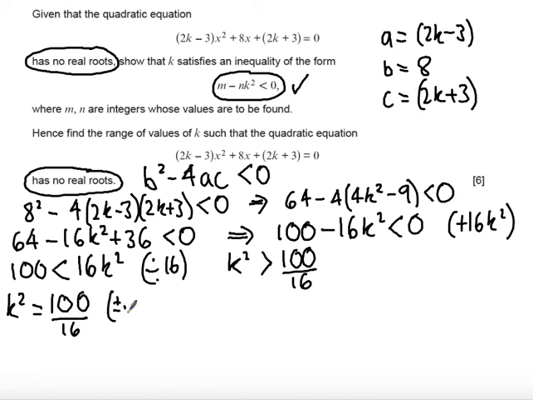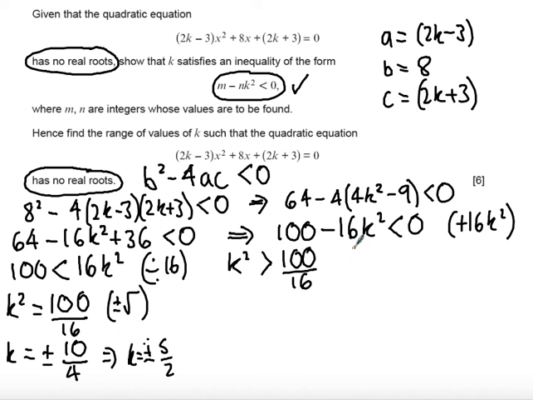So let's take the square root of both sides. I get k equals plus or minus the square root of 100, which is 10, over the square root of 16, which is 4. So k is plus or minus 5 over 2. So I have a quadratic whose roots are plus or minus 5 over 2.